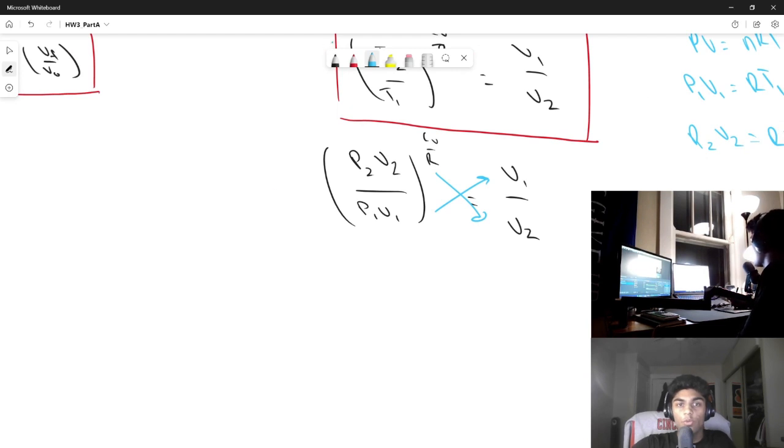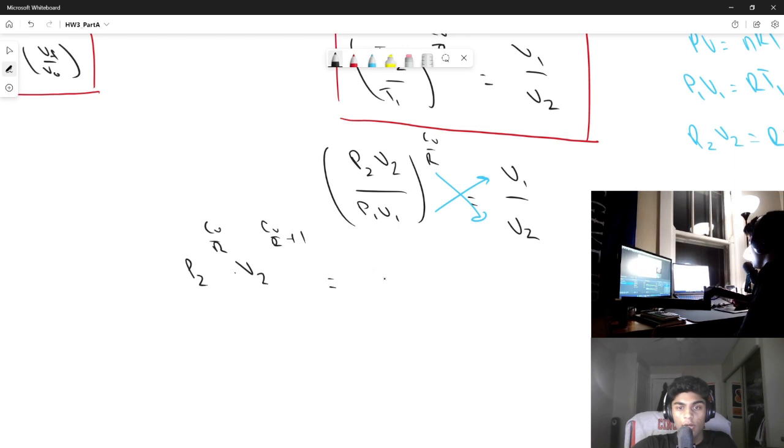And when we go through with our cross multiplication, we get P2 to the CV over R power times V2 to the CV over R plus 1 power. And that plus 1 is coming from this V2 that we are multiplying on this side.